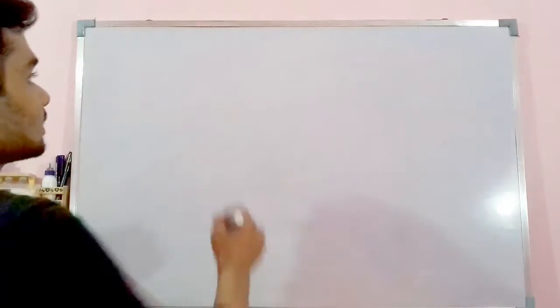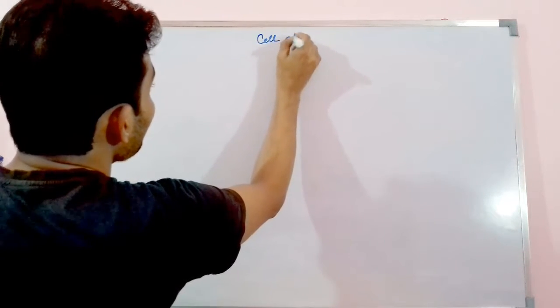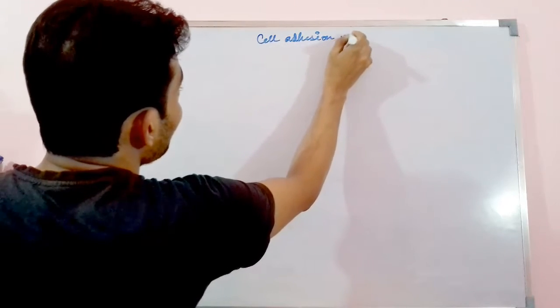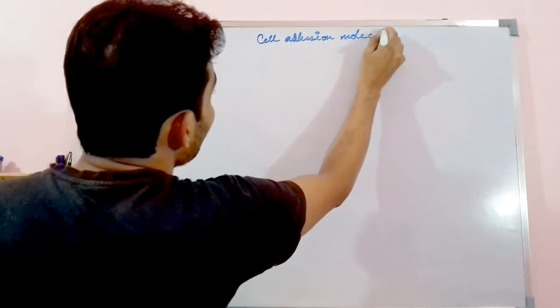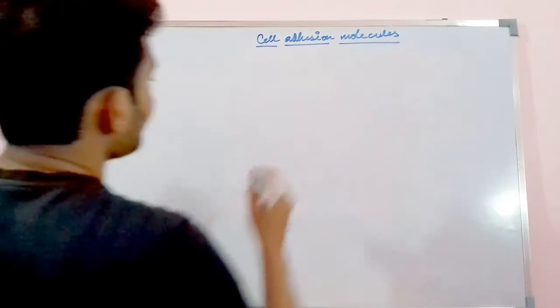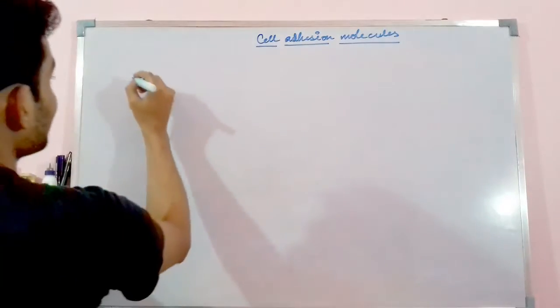Firstly, we have the cell adhesion molecules. In cell adhesion molecules, there are three types of binding.